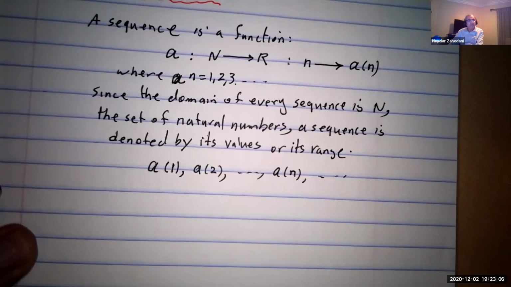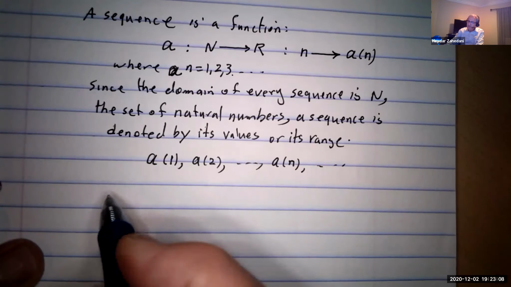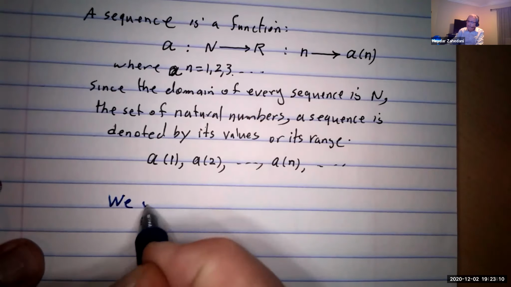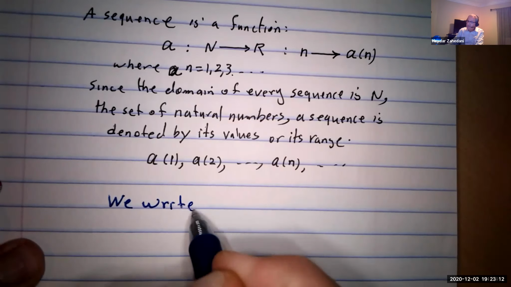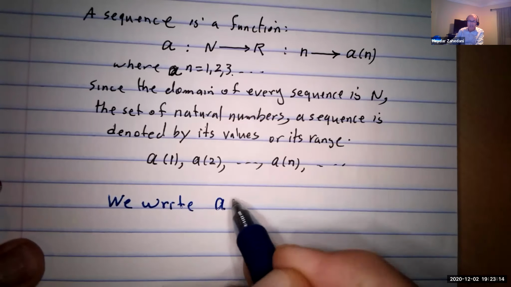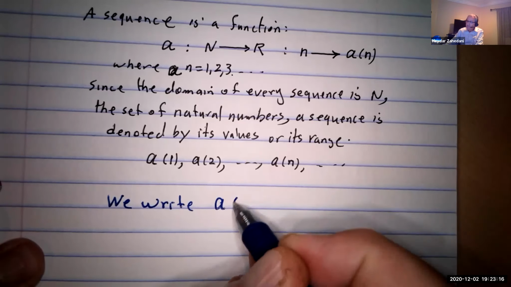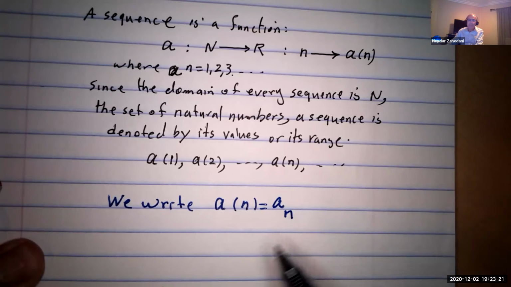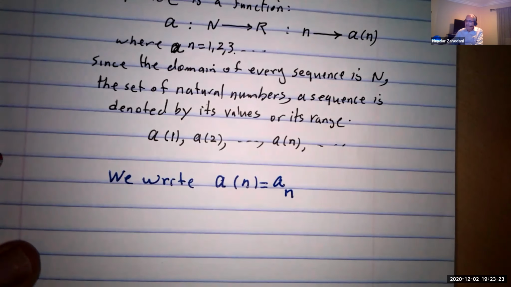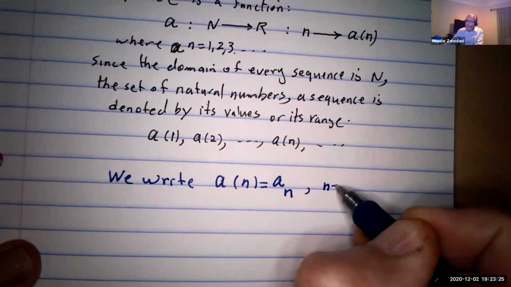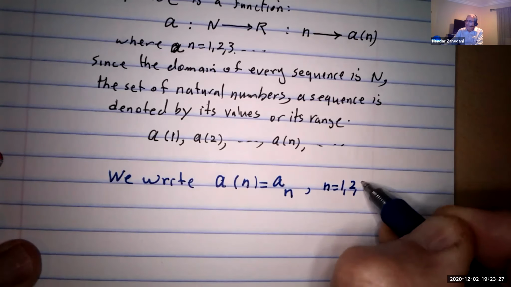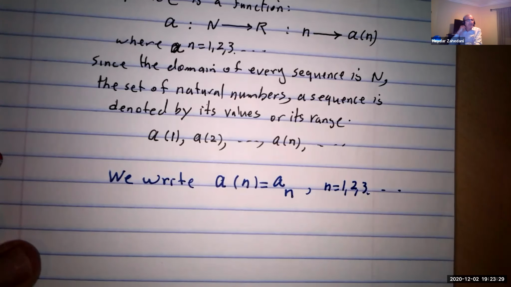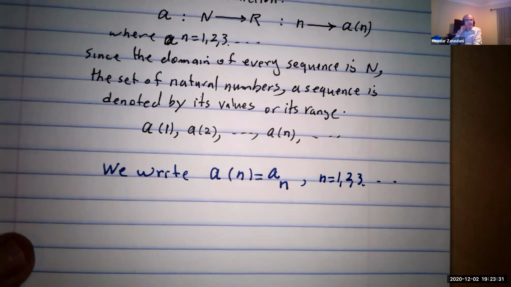Then again, we make it easier. So we write a at n, like f of 1, f of 2, f of 3, as a sub n, where this n is 1, 2, 3, etc. It's a function, but since it's a special function, we use a special notation for it.